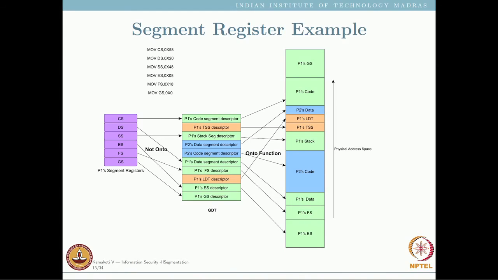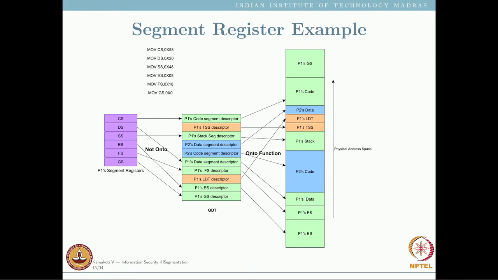And what is 56 in hex? It is 0x38, which is 3 times 16, 48, plus 8, 56. So move SS comma 0x38.